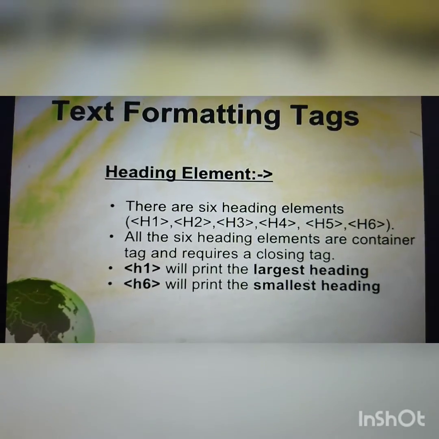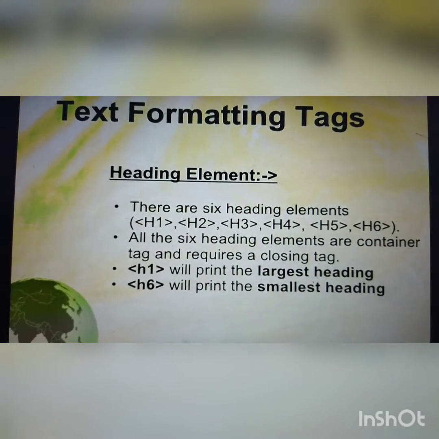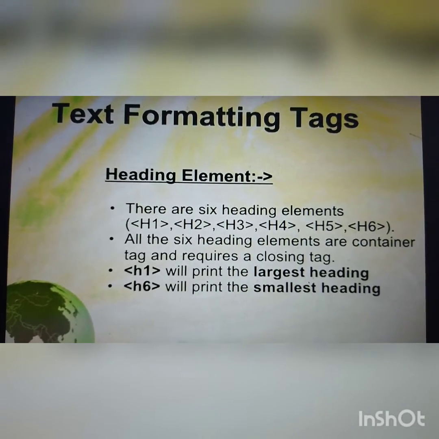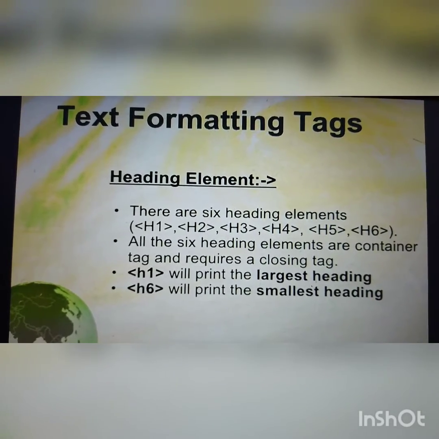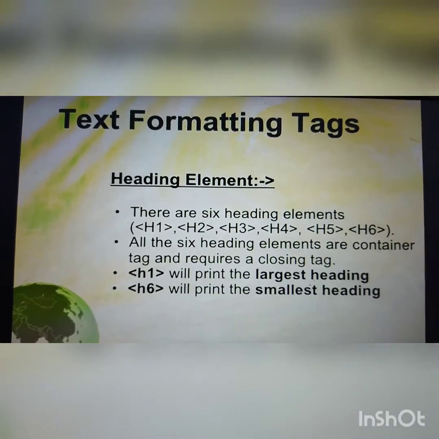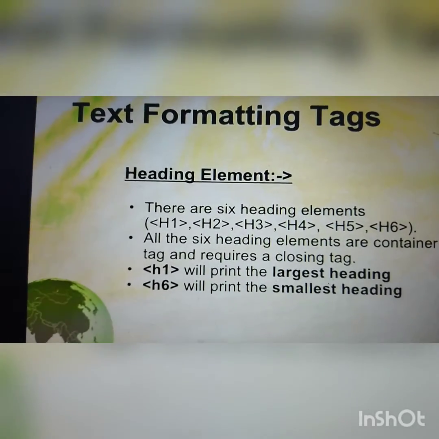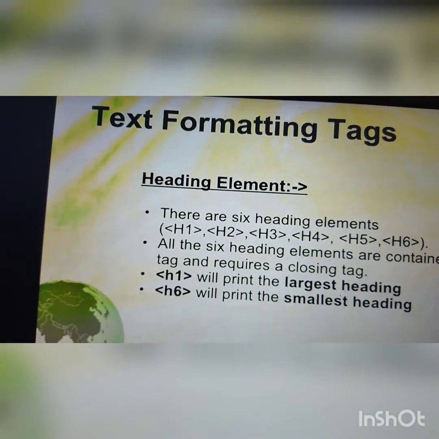You can apply any type of heading accordingly. All these 6 heading elements are container tags and require a closing tag. H1 will print the largest heading and H6 will print the smallest heading. This is the basic part of how to write heading elements in HTML coding.